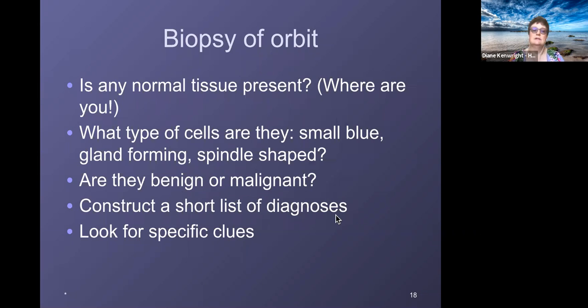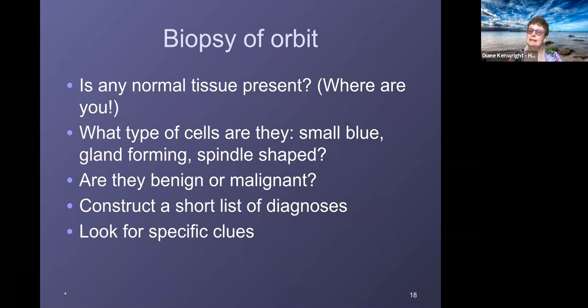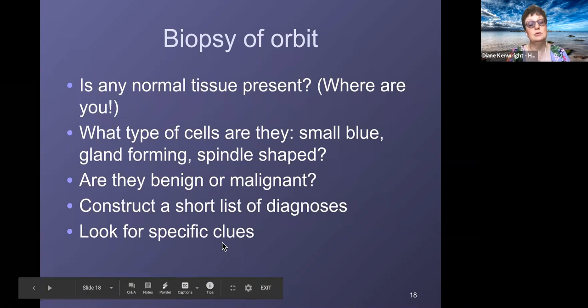Construct a short list of diagnoses and look for specific clues. For example, if you are in the orbit, in the lacrimal gland, and you have a tumour, then realistically, there's only two tumours it's going to be, adenoid cystic or pleomorphic adenoma. So you can look for specific clues if you know them, but you do need to have learnt what to look for.